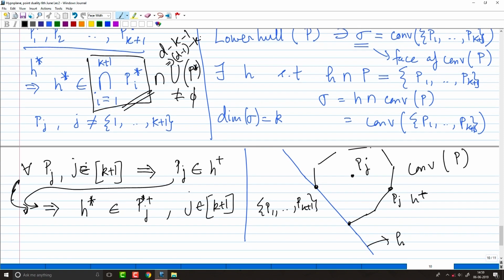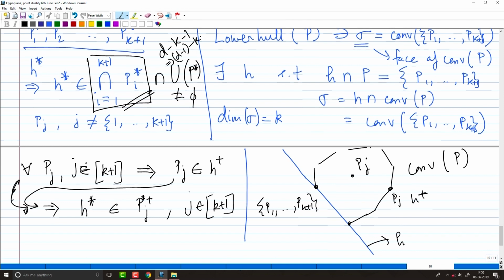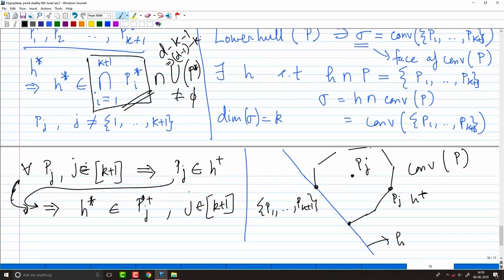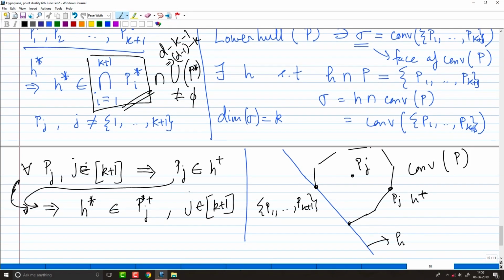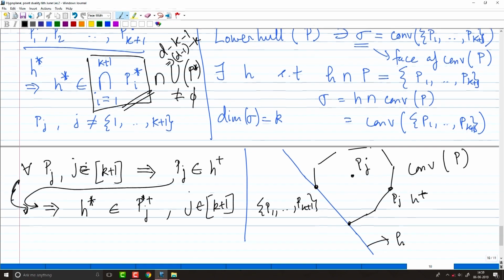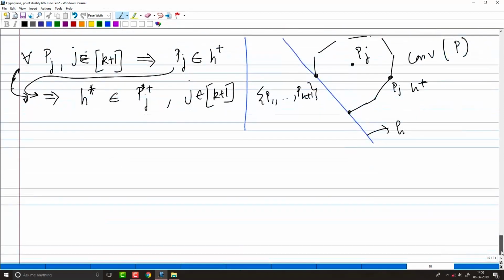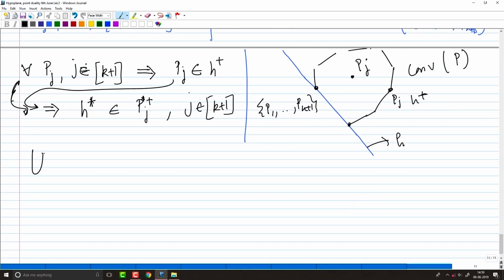So, I have a map that takes a K simplex to a D minus 1 minus K dimensional polyhedral face, right. But this only holds as long as I can show the intersection is non-empty with the upper hull, right. This has to be non-empty.